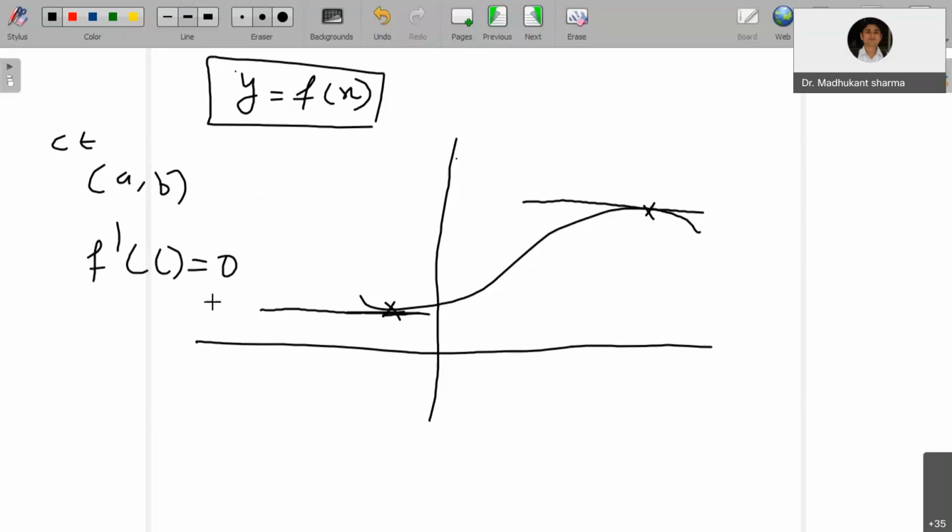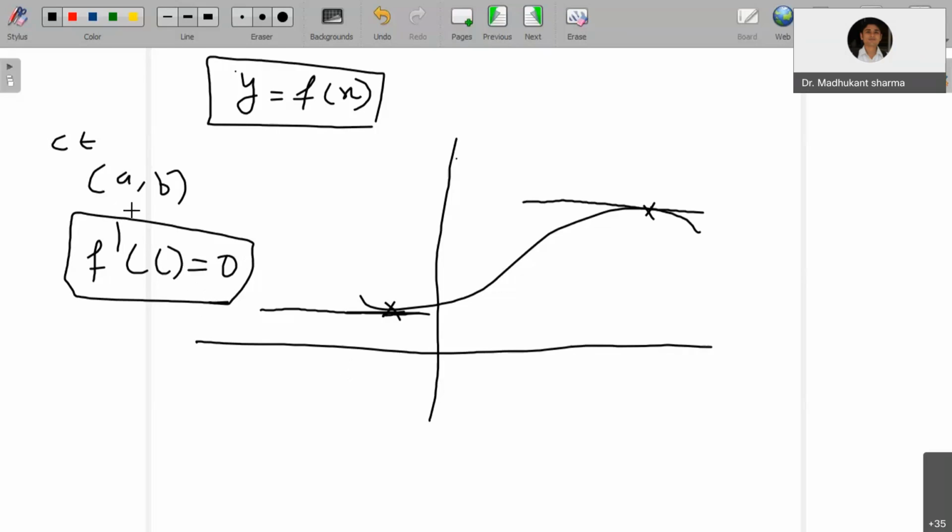We have seen that f dash of c is 0. You have also seen that boundary points are included as critical points. Moreover, the points where the function fails to be differentiable are also included in the list of critical points.